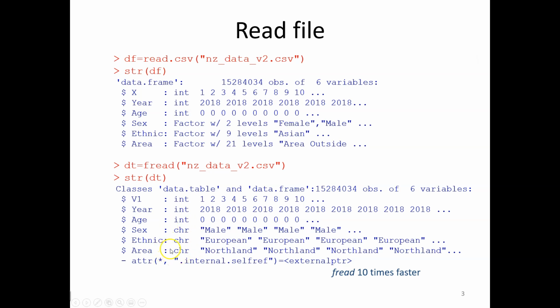Another important difference is that fread is much faster. In this case, it turned out to be 10 times faster than the read.csv function. Exactly how many times faster it is probably differs depending on what kind of data you have, but I present the numbers for this specific data set, and now it turned out to be 10 times faster, which could be great. If it takes like 10 minutes to load the data, then 1 minute is better.